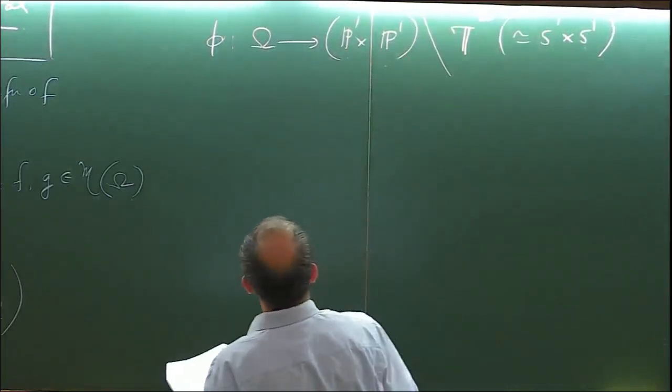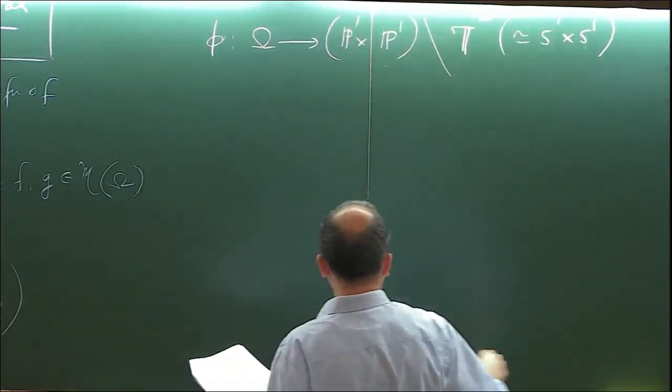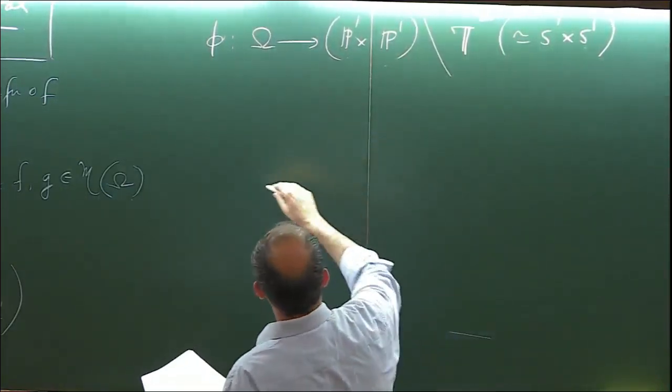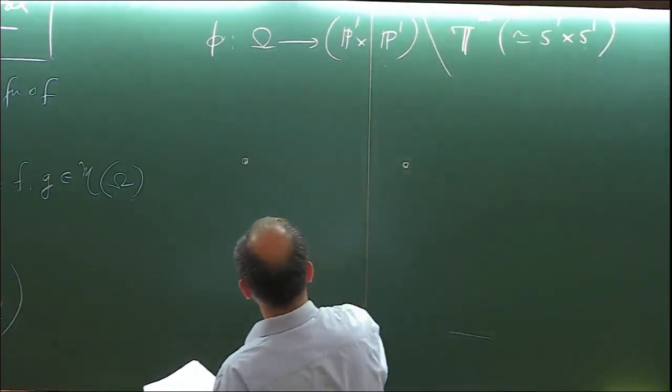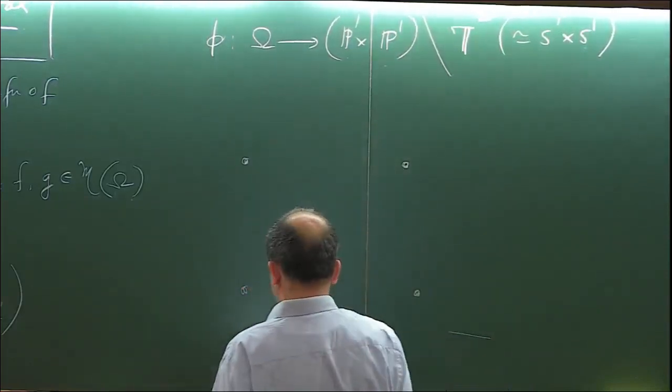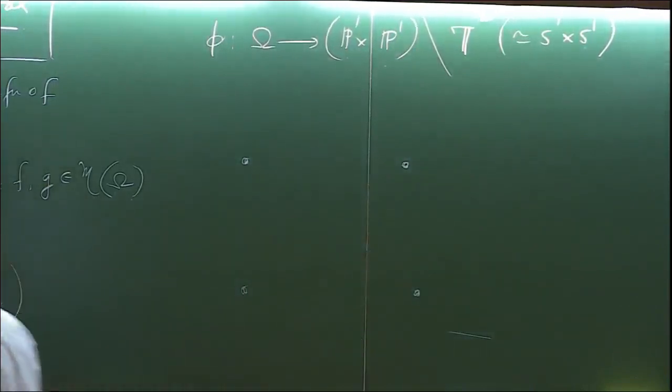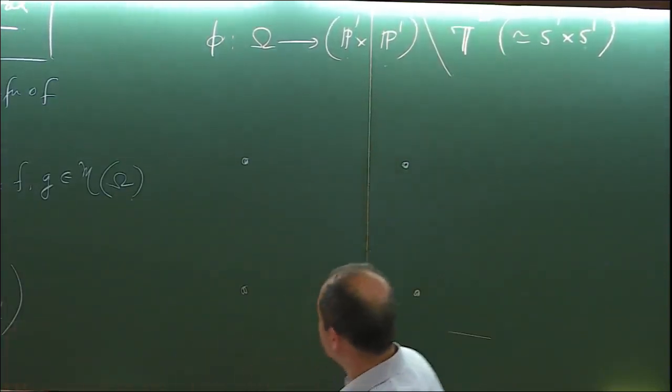The picture is this: you have your ambient space, P1 in one direction and another direction of P1, and you have your torus. And you have an analytic variety whose boundary is in this torus.